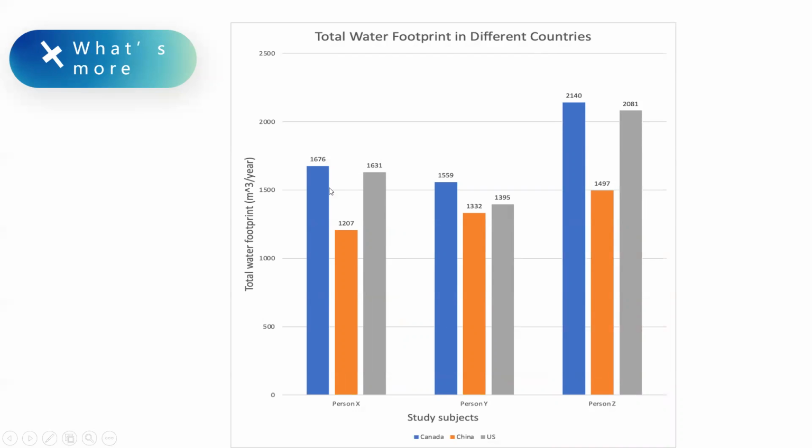To maintain the same lifestyle and daily habits, living in Canada has the highest total water footprint per year, the US is slightly lower, and if you live in China, the water footprint decreases a lot.